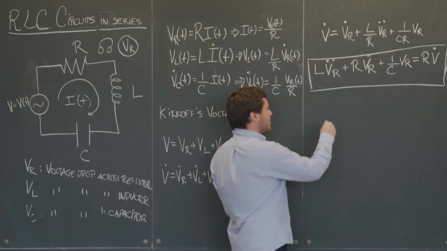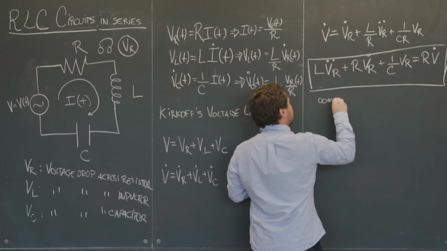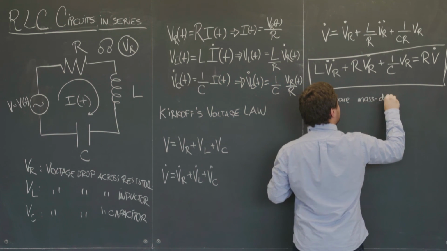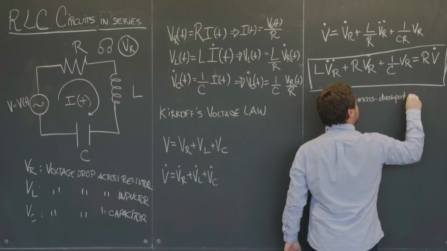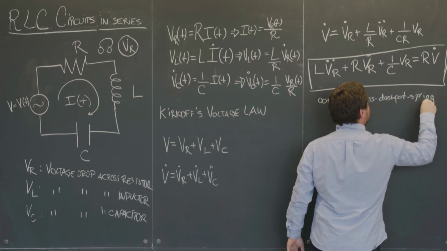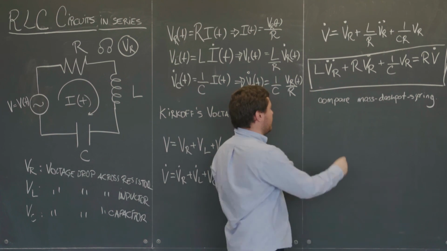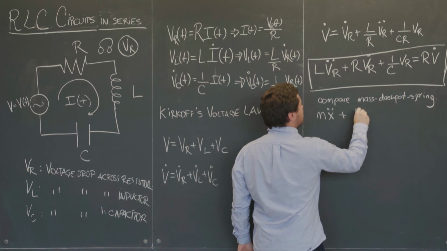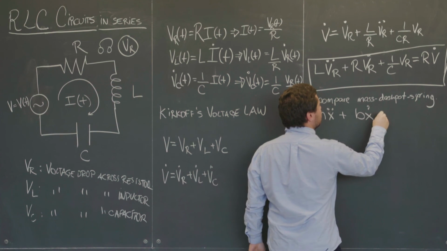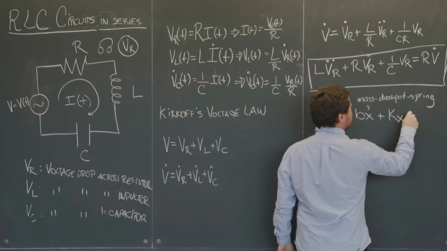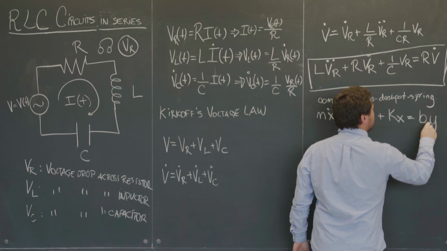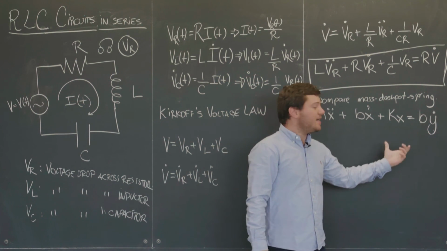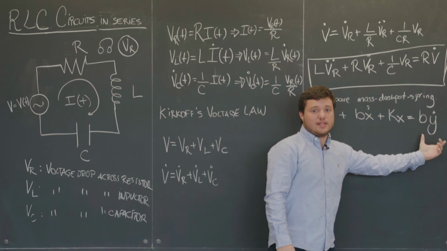We can compare this equation to the mass dashpot spring system. That equation reads m x double dot plus b x dot plus k x is equal to b y dot, where in this case I'm taking the forcing to come from the dashpot.